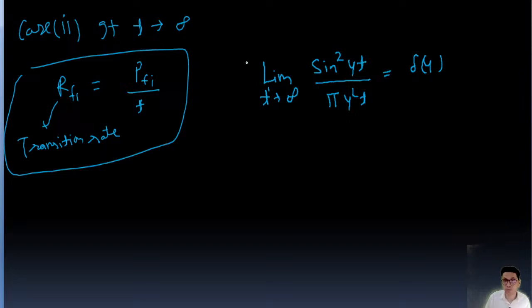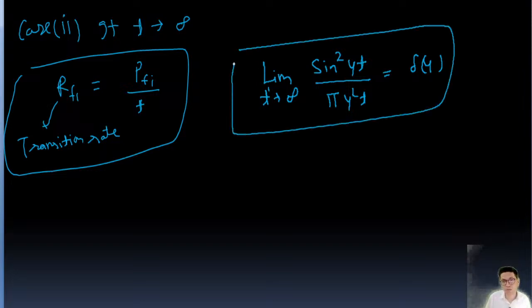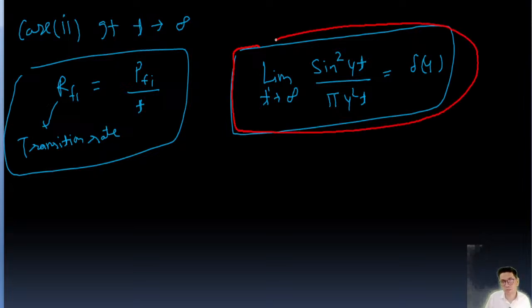You need to note this down because we'll use it. So limit t tends to infinity sine square yt upon pi y square t equals delta y.